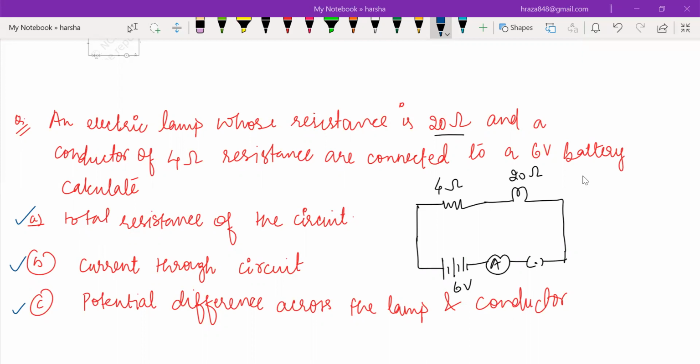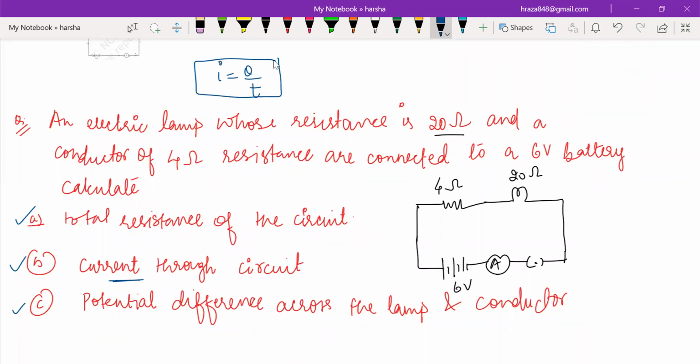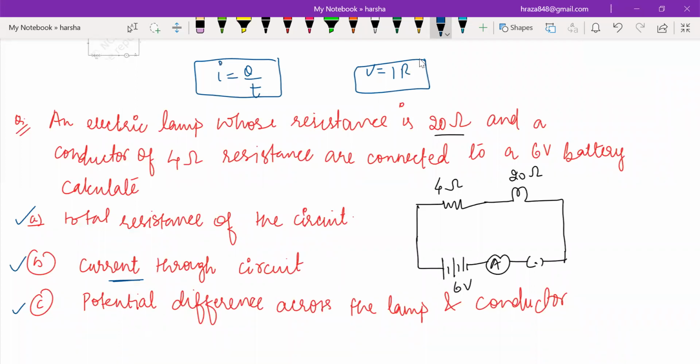Sir, we have to do it with the different equations, all those questions. We need to calculate current. What is the formula for current? I have given you two formulas. The first one is the definition of current, that is I is equal to Q by T, in the first lecture. Do you remember it? Yeah. And the second comes from Ohm's law, that is V is equal to IR, right? Yeah. According to the situation, you can see R is given.